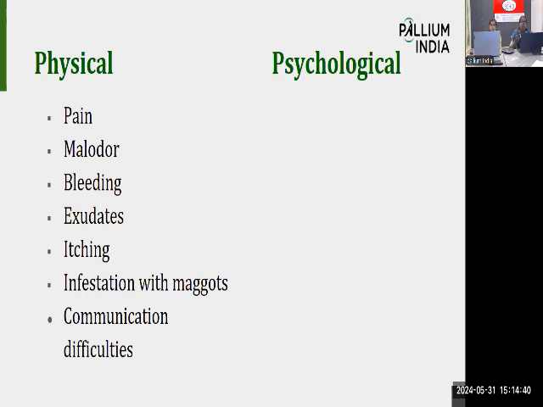At that time the patients will experience nociceptive pain. And the other one is the tumor sometimes compressing the nerves. At that time the patients will experience neuropathic pain. So when you do the assessment, you have to assess properly whether the patient is having neuropathic pain or nociceptive pain or both.